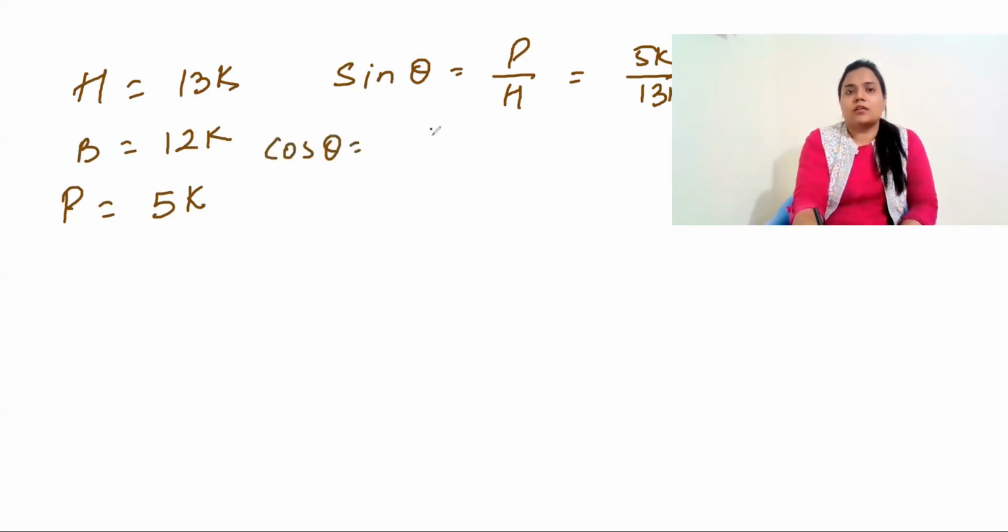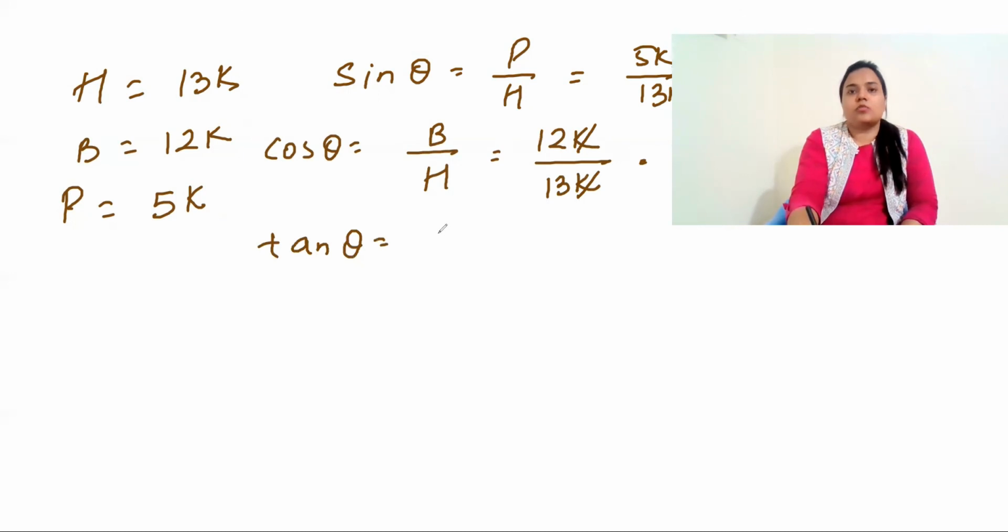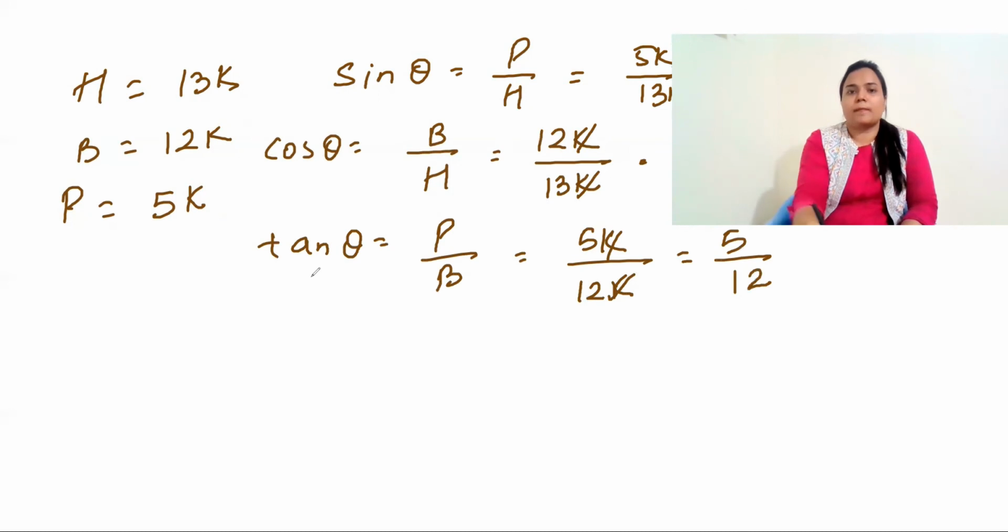Cos theta is equal to B by H, 12k by 13k, and this is equal to 12 by 13. Tan theta is equal to P by B, 5k upon 12k, and this is equal to 5 by 12.